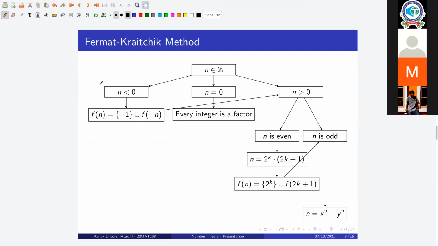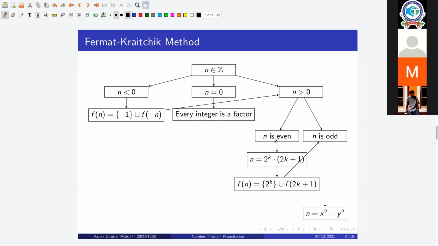So what he said was, if I'm starting with some integer, if it's less than 0, its factors will be just -1, and then all the factors of -n. If it's 0, we really don't have to care, because then every integer becomes a factor. So what we're essentially looking at is cases where n is greater than 0.